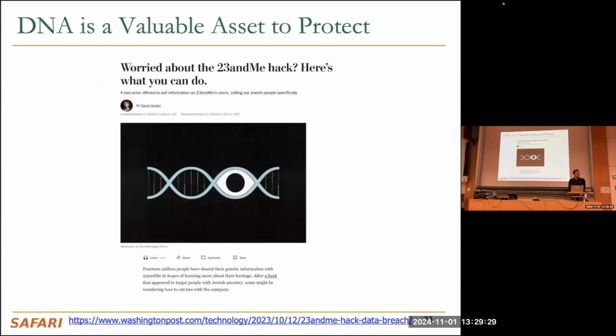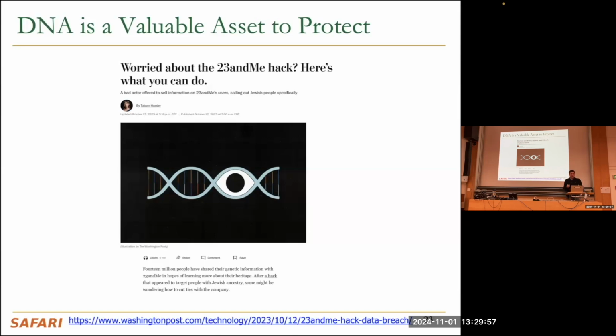Of course, DNA is also a very valuable asset to protect, right? This is very sensitive information, very sensitive data. And this has become more important very recently, because I'm not sure if you heard of it, but there was this relatively recent leak. Actually, this happened last year in 2023, where people would usually send their genomic sample to this company called 23andMe.